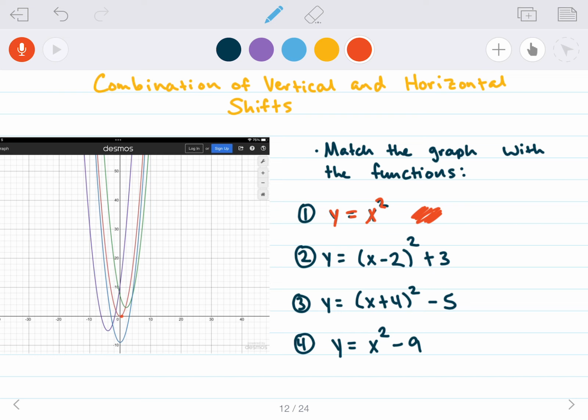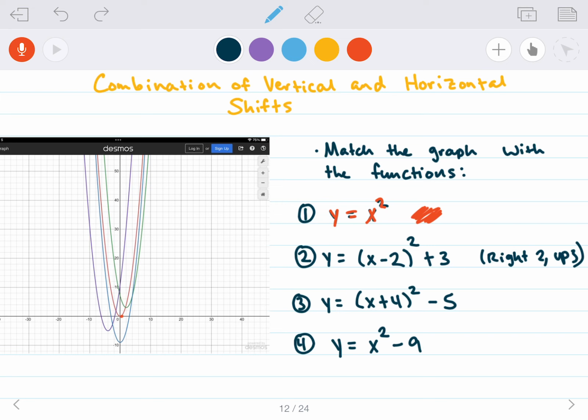What about the next one? We have shifted to the right 2 and up 3. So horizontal shift to the right 2, opposite of what you think, up 3, same as what you think.